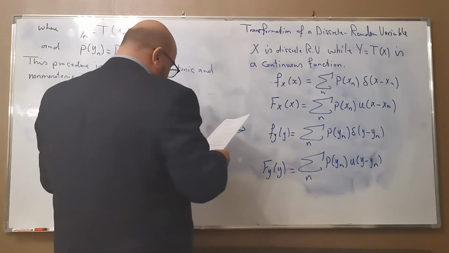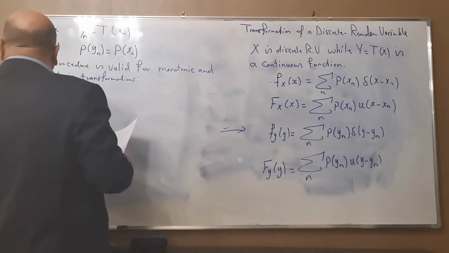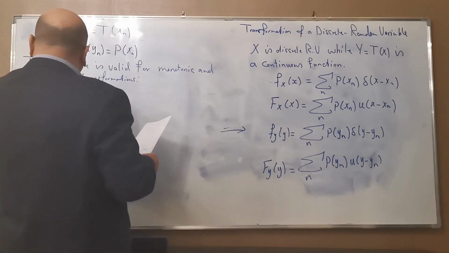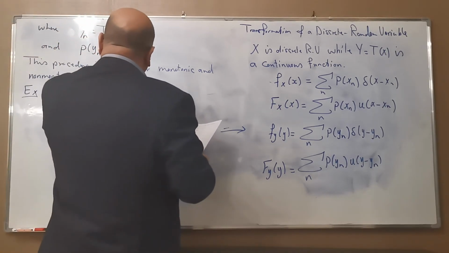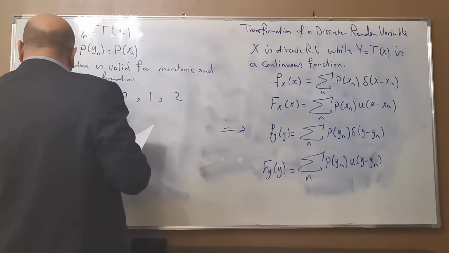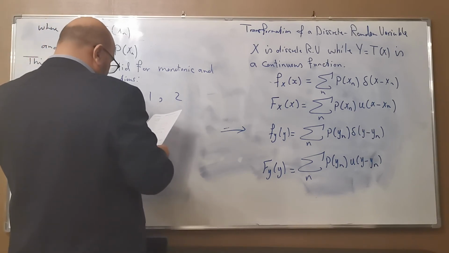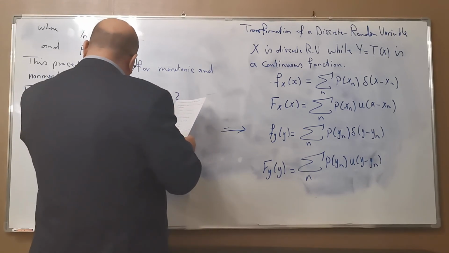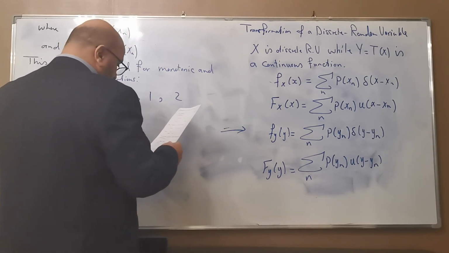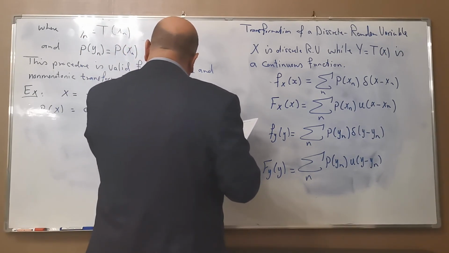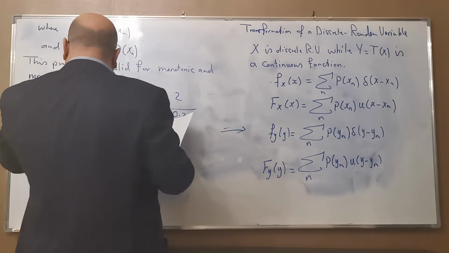Let's see an example. We have x's to be -1, 0, 1, and 2, with their probabilities. Probability of x for these is 0.1, 0.3, 0.4, and 0.2.